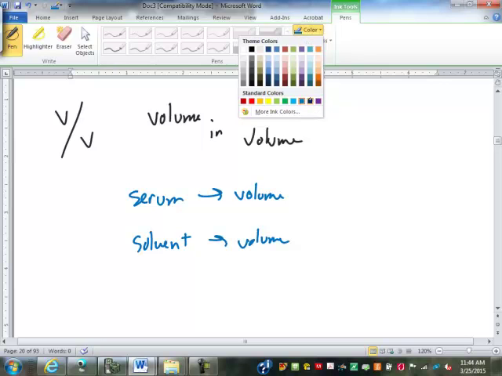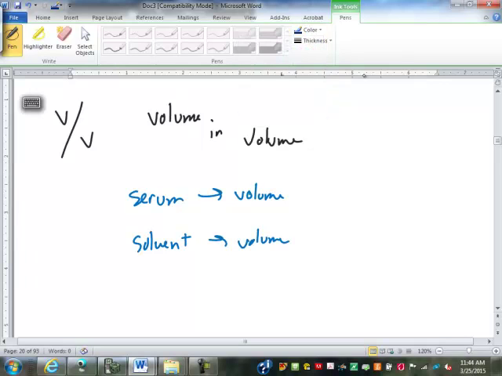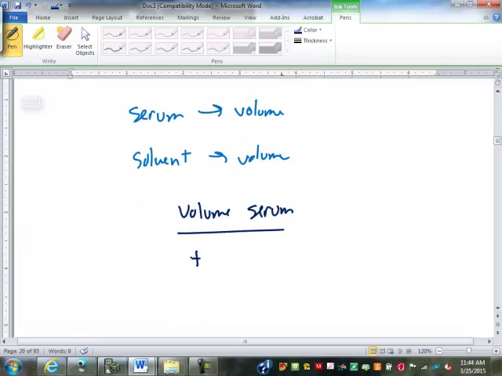In a volume in volume, what we are comparing is the volume of serum to total volume. Now, this may or may not be the sum of the two volumes.